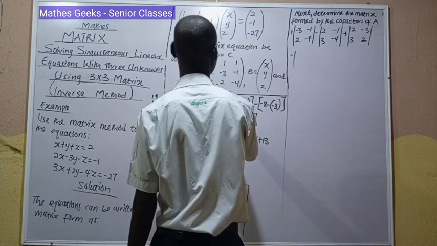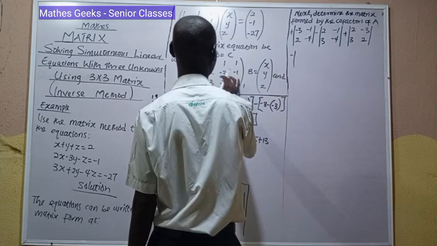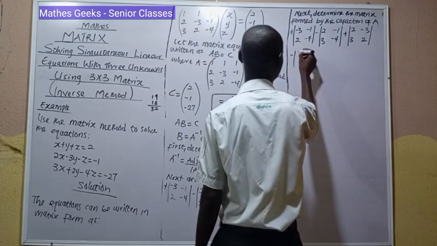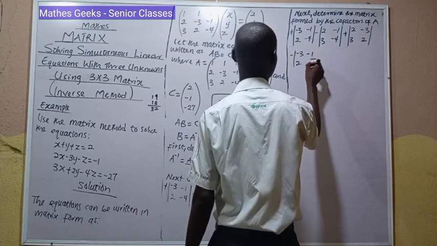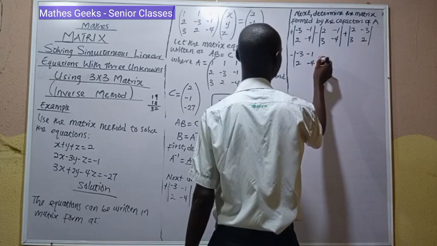minus second row, first column, 2, 3, minus 1, minus 4.